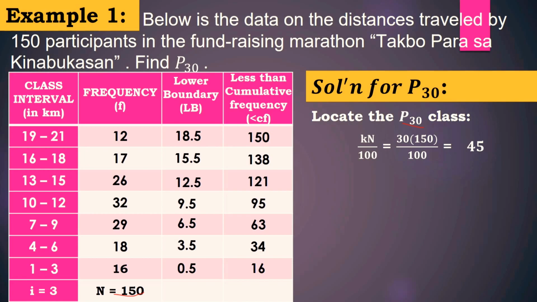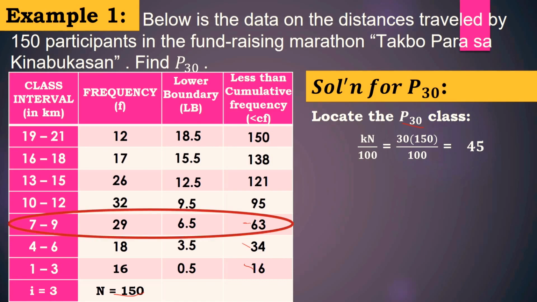So we will look at the less than cumulative frequency where 45 is less than or equal to. 45 is greater than 16, 45 is greater than 34, 45 is less than 63. It means that P sub 30 class is here in the class interval 7 to 9. So now, we can get the values needed here.